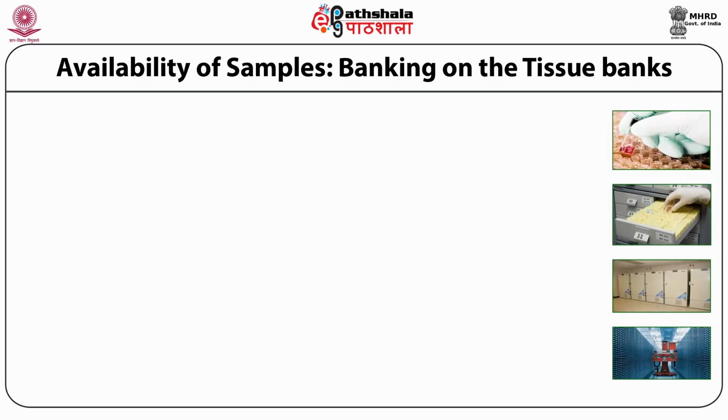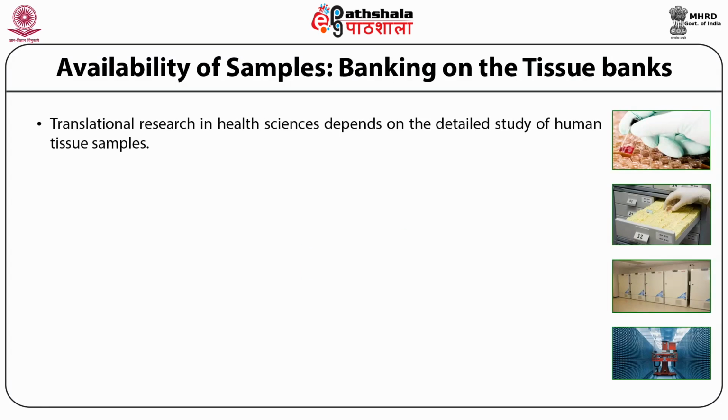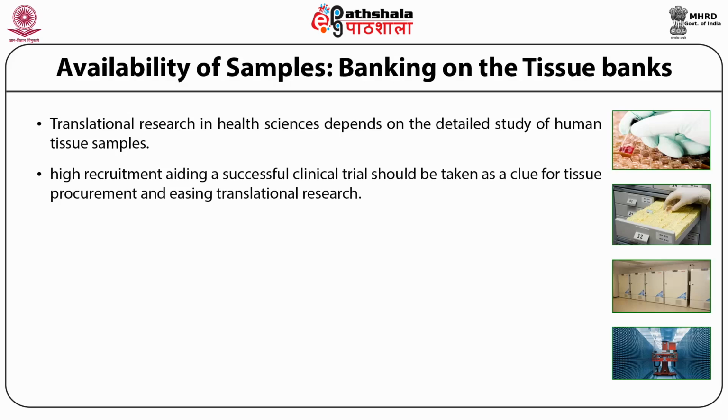Let us now discuss the aspect of availability of samples and scope for tissue banks. Translational research in health sciences depends a lot on the detailed study of human tissue samples. High recruitment aiding a successful clinical trial should be taken as a clue for tissue procurement and easing translational research.